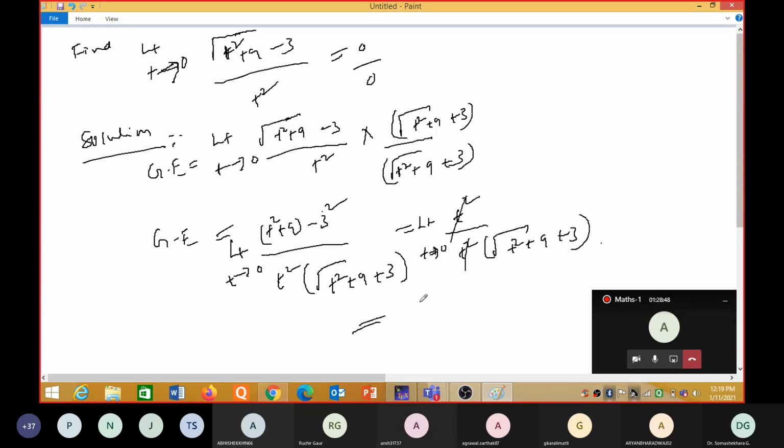It is root of 9 plus 3, so 3 plus 3, what is the answer? It is 6, so 1 upon 6. So the given expression is equal to 1 by 6. Okay, the limit of this function is equal to 1 by 6. And some laws are there. Laws of limits also we are going to discuss.